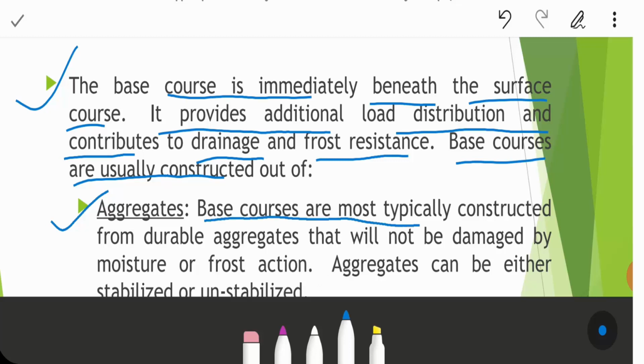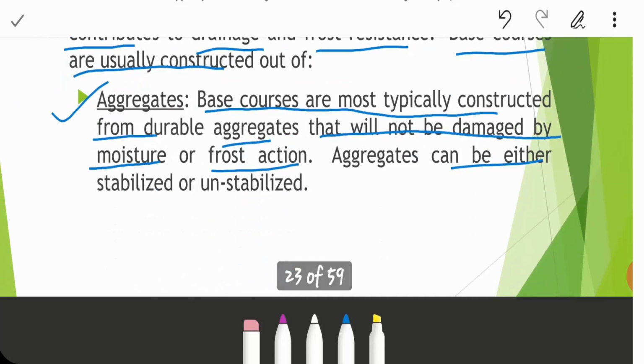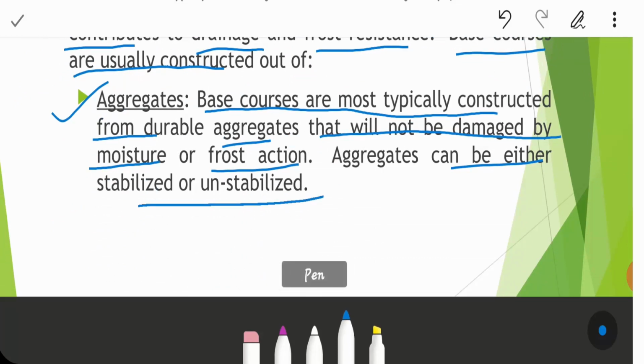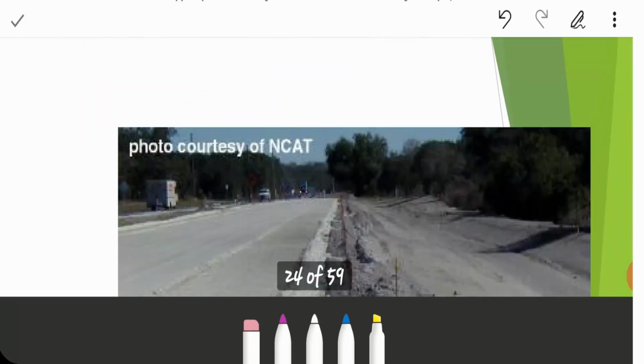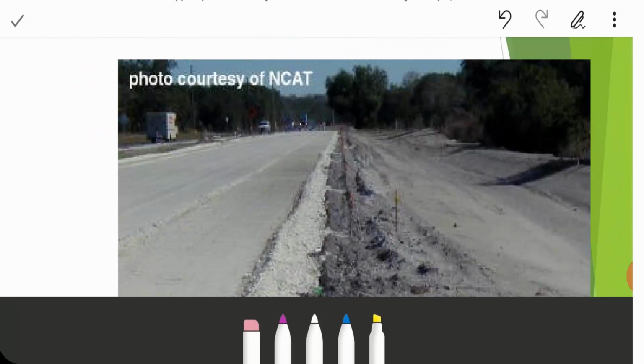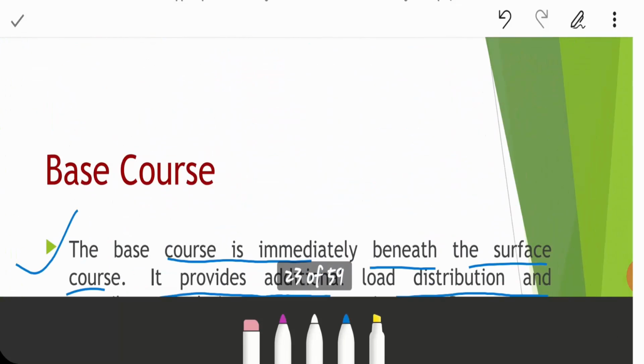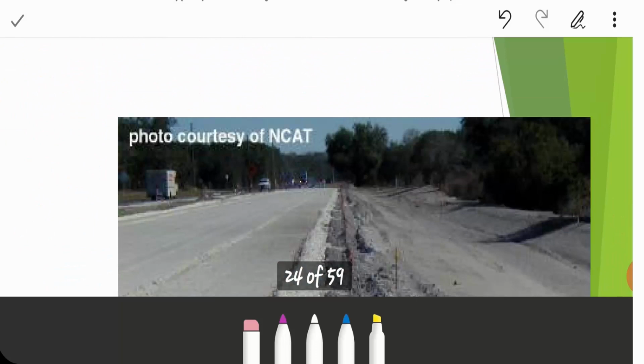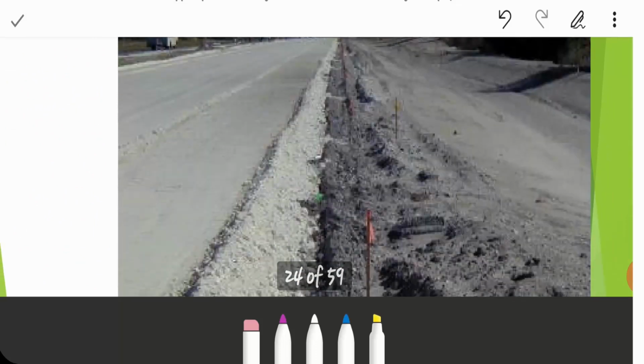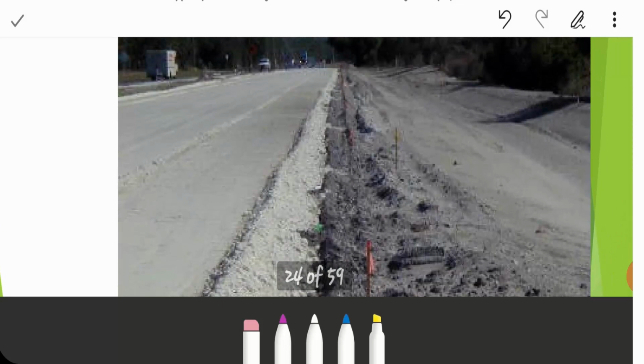Base courses are most typically constructed from durable aggregate that will not be damaged by moisture and frost action. Aggregate can be either stabilized or unstabilized. Right? Now you can see the picture of a base course. This is the picture of the base course.